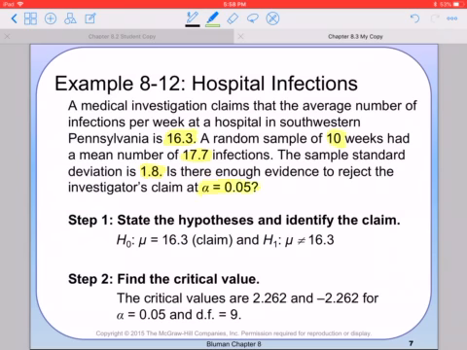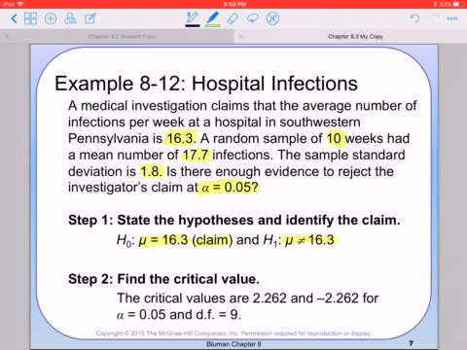Alright, so reading through this, mu is 16.3, which is our null hypothesis. And remember that they're claiming that the average number of infections is 16.3, so that's why it is our claim. The alternate hypothesis is that it doesn't equal 16.3. We want to see if there's a significant difference here.